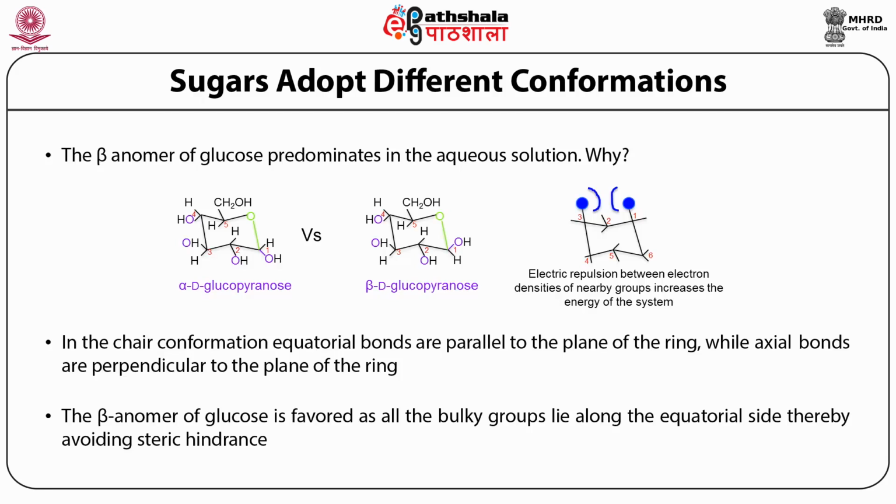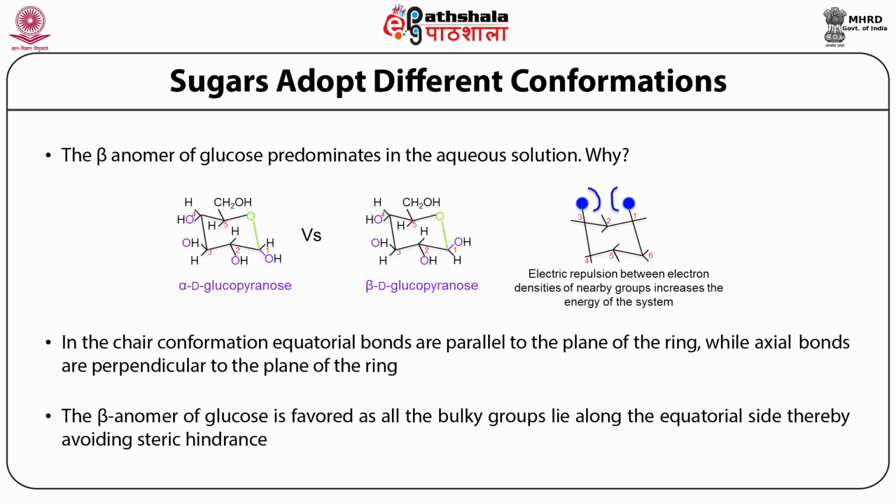So in alpha D-glucopyranose, out of the 4 hydroxyl groups that you see here, at C1, 2, 3, and 4, the hydroxyl group at carbon 1 is pointing in the axial position, which is basically a high energy position, which means that there is more steric hindrance in this case.